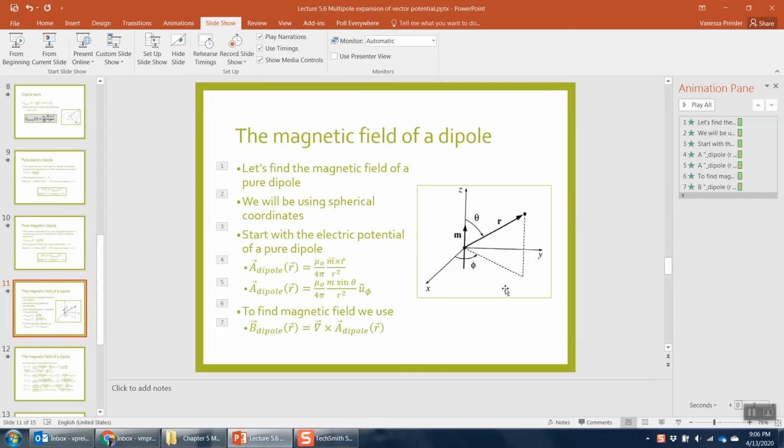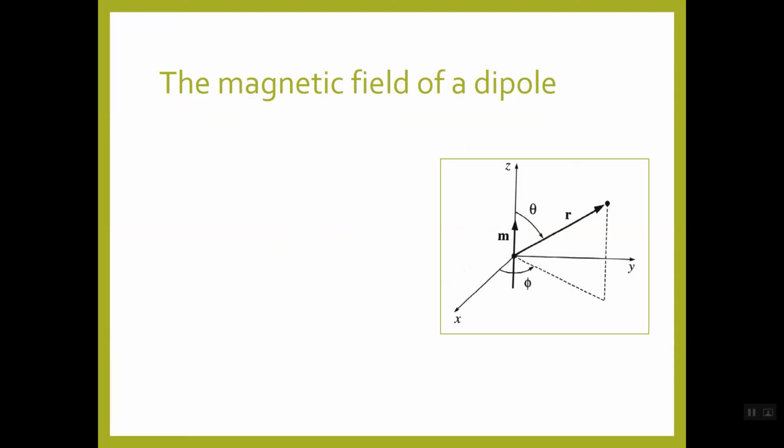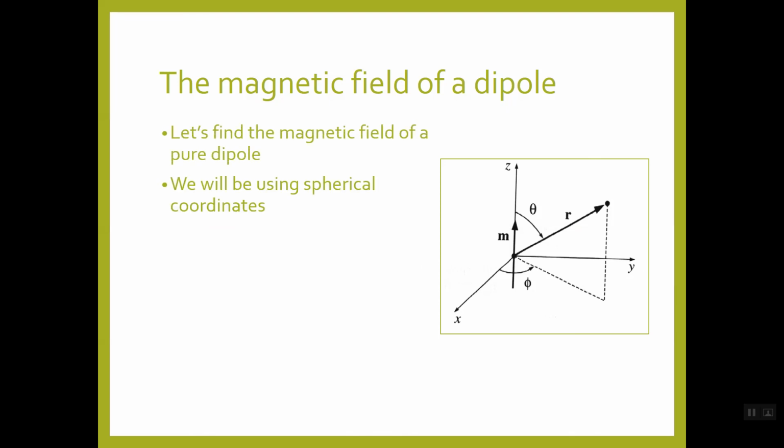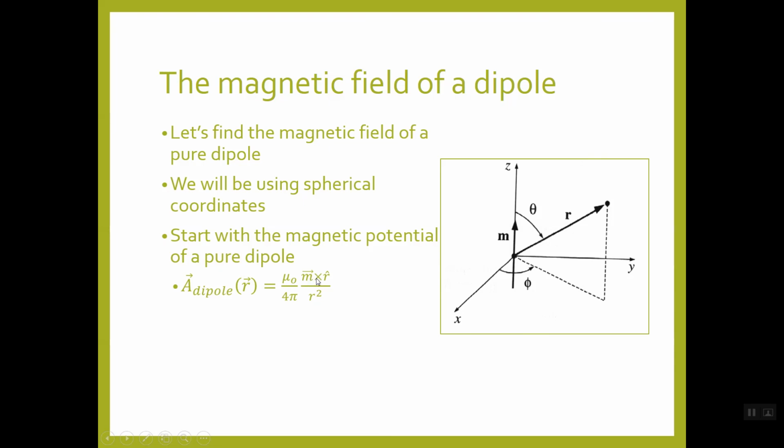So we're going to start with the magnetic potential of a pure dipole, which is equal to mu naught over 4 pi, m cross r over r squared. m cross r is going to be equal to m sine theta in the u phi direction.